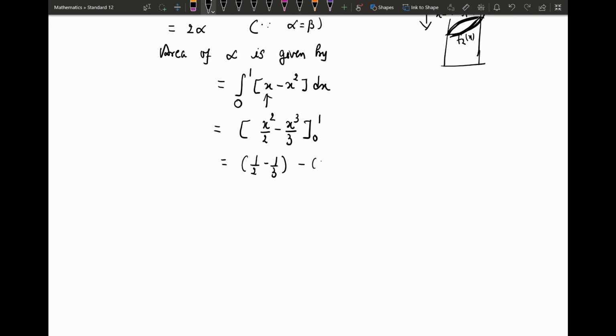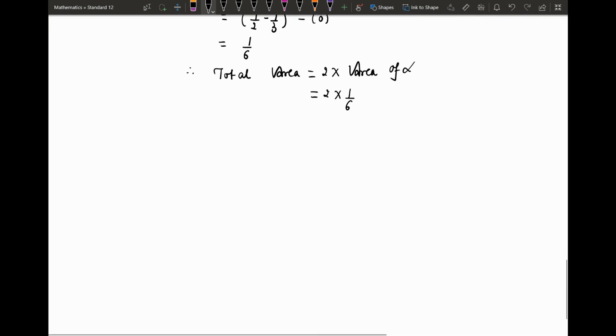In the case of the lower limit, x will be 0, so 3 minus 2, 1 by 6, and therefore total area equals 2 into area of alpha, so 2 into 1 by 6, that is 1 by 3 square unit.